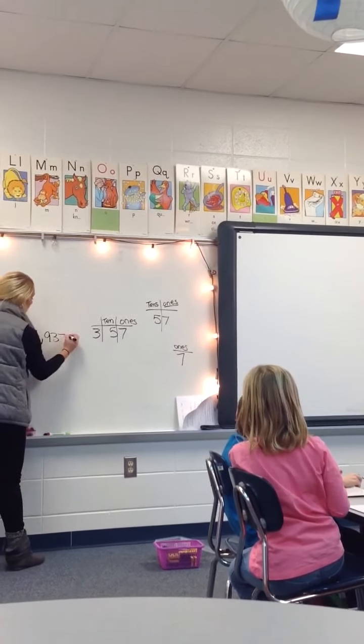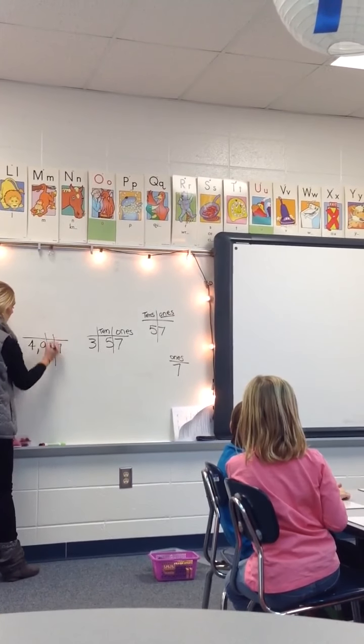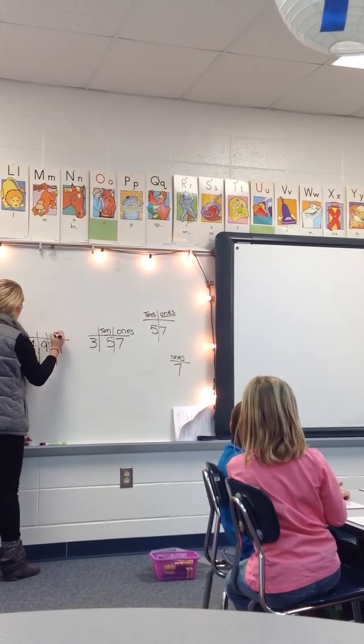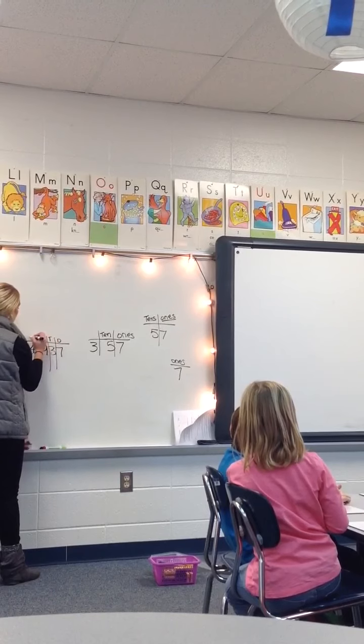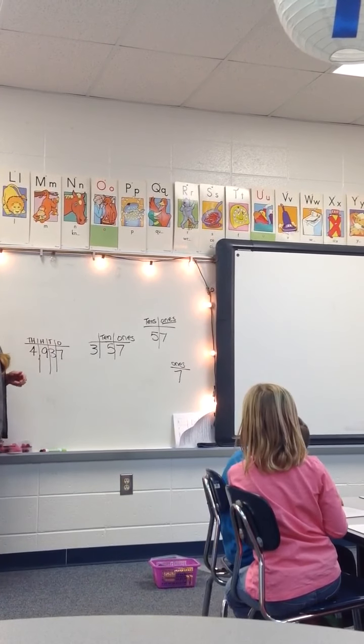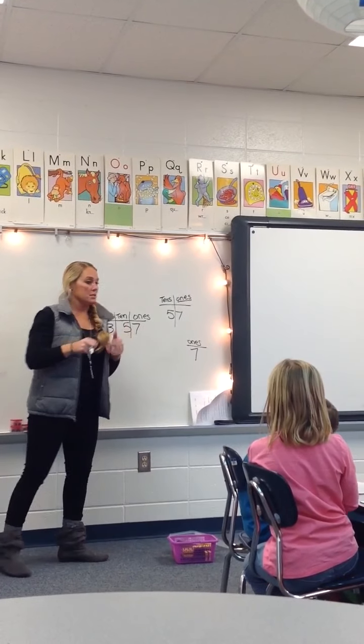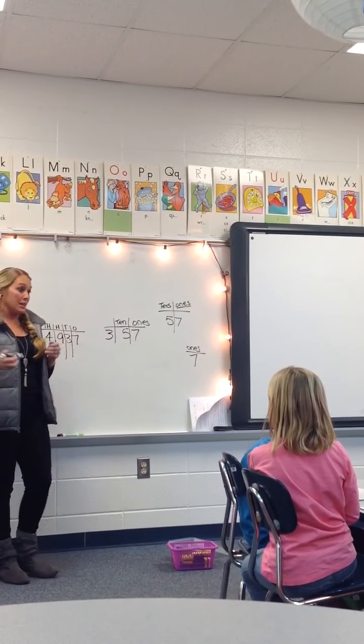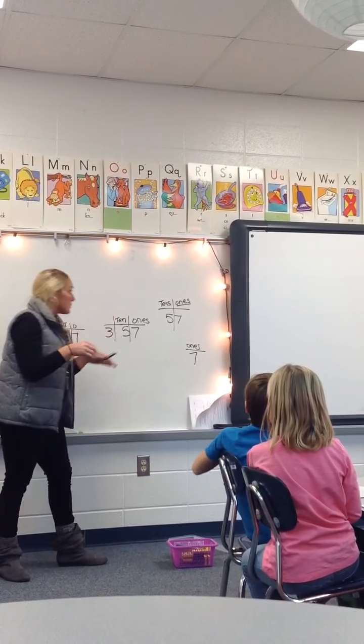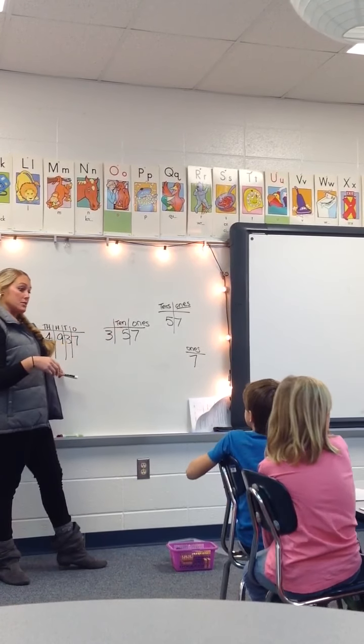The thousands. Okay. So I have our 1s, I have our 10s, I have our 100s. I need listening ears, please. And I have our thousands, okay? All right, so what we're going to be doing today is we're going to be comparing numbers with either 2 digits, 3 digits, or 4 digits, okay?